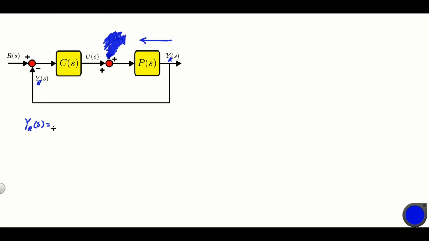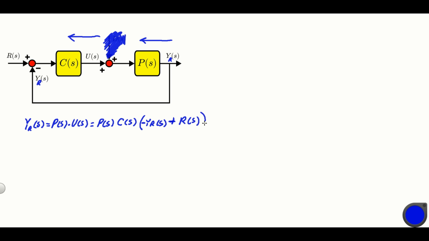We see p of s multiplying u of s. And let's proceed further. Instead of u of s, from this graph we can write c of s, and over here we will have minus y_r plus r of s.